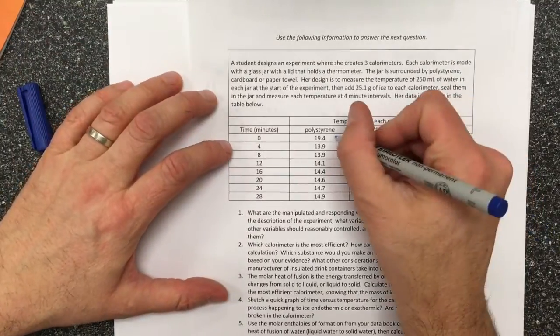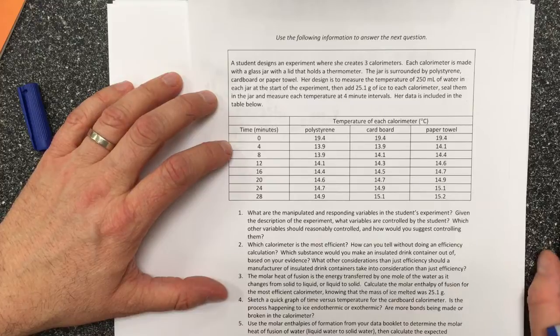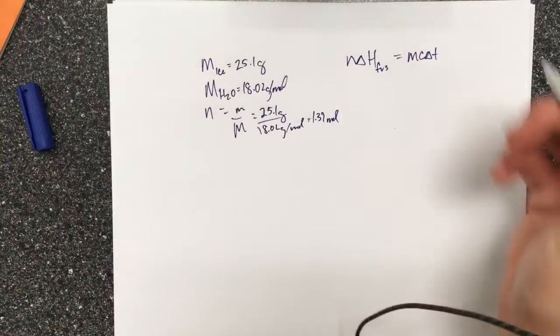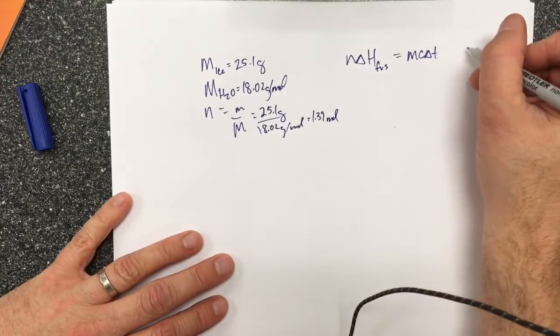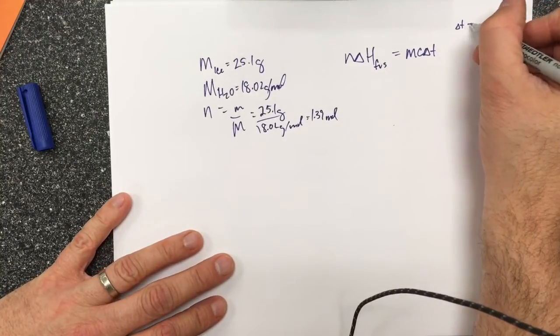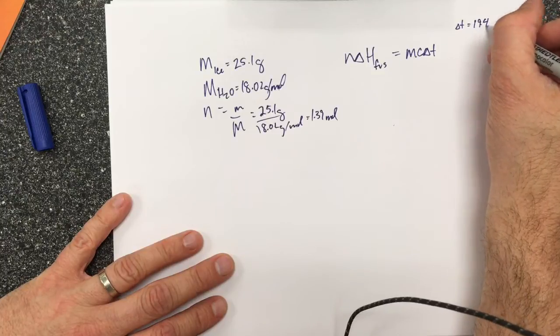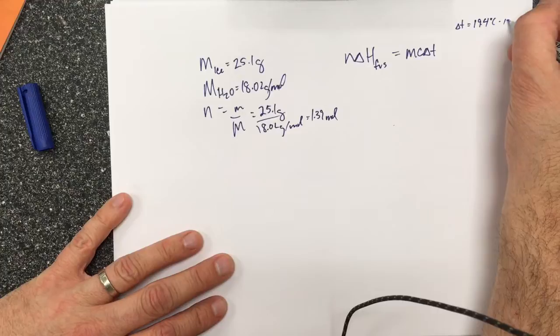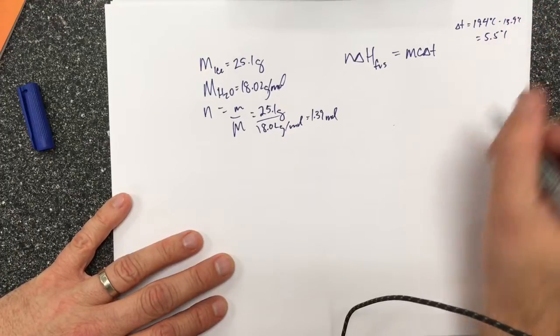It said my most efficient, so I want the difference between 13.9 and 19.4. So delta T equals 19.4 degrees Celsius minus 13.9 degrees Celsius, so it equals 5.5 degrees Celsius.